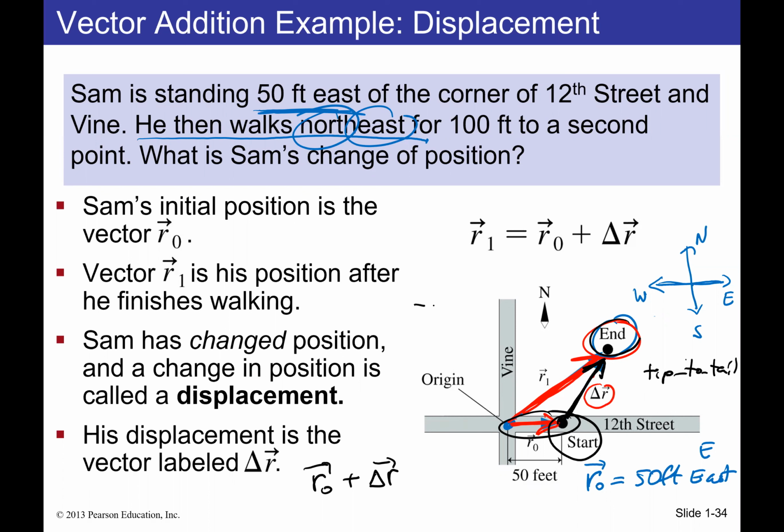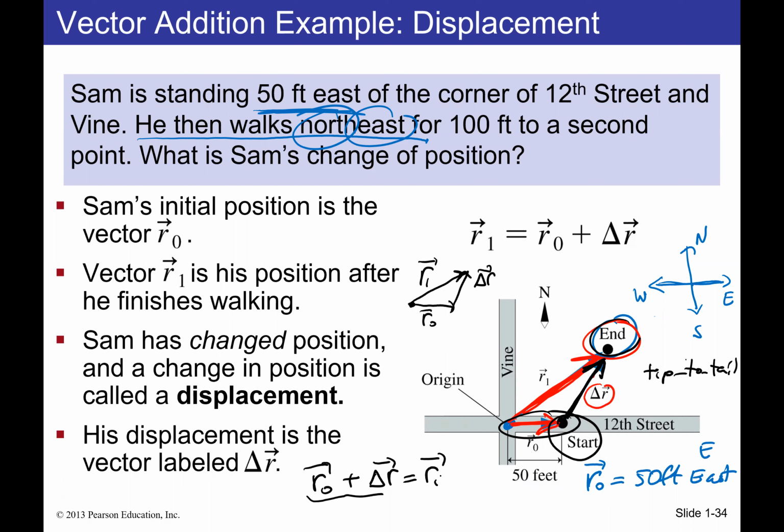So we have R naught, and then we have delta R. And then when I connect from the tail of R naught to the tip of delta R, this is our R1 vector. R1 is basically our resultant if I add those two together. It means this is equal to the R1 vector.